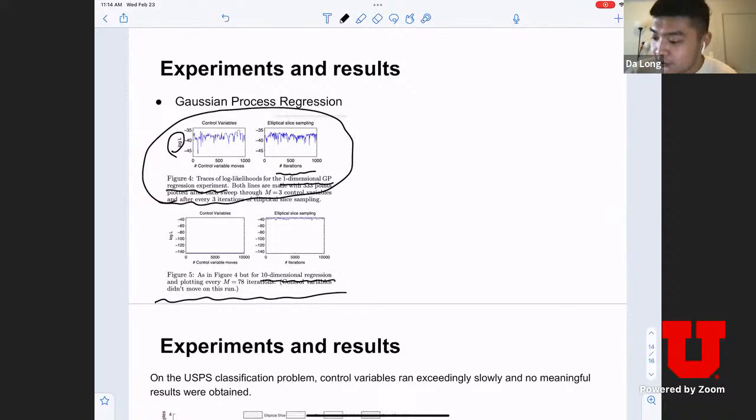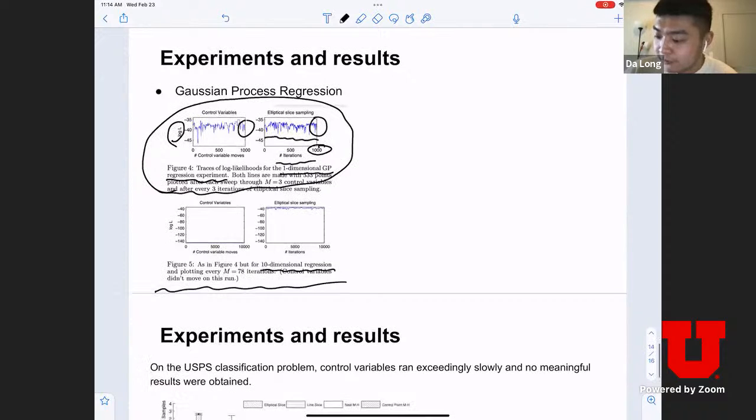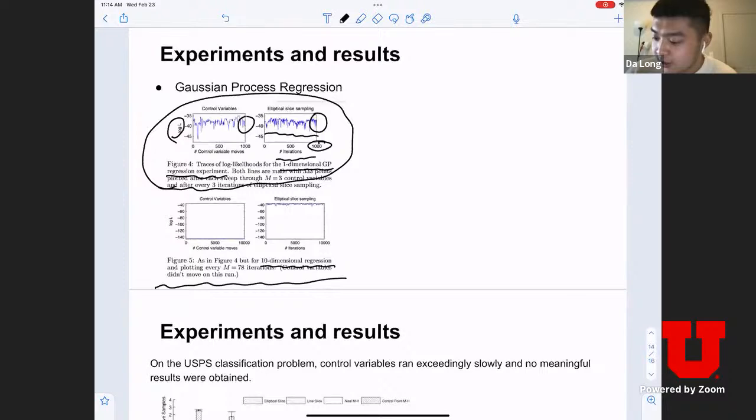As you can see, for the 1-dimensional, at iteration 1000 they have almost the same performance, but during the iteration, the elliptical slicing is more stable. And for the 10-dimensional regression, the paper said the control variable almost failed, so it doesn't change.